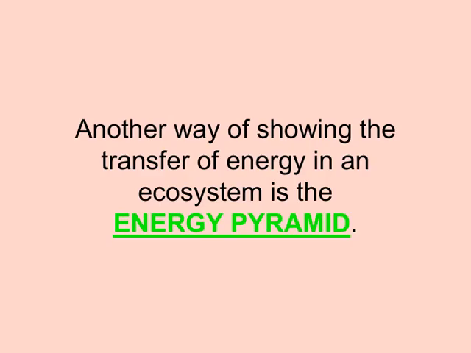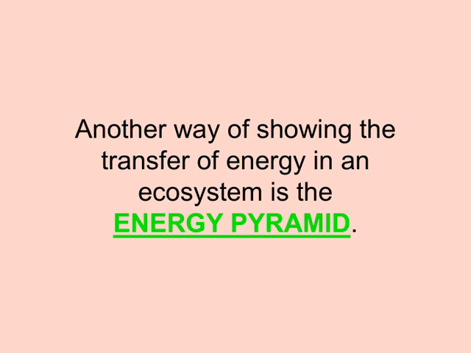Another way of showing the transfer of energy in an ecosystem is the energy pyramid. This visual tool helps us understand how energy flows from one level to the next. At the bottom, you have the producers, like plants, which capture energy from the sun. Above them are the herbivores, or primary consumers, that eat the plants. Then come the carnivores, or secondary consumers, that eat those herbivores.